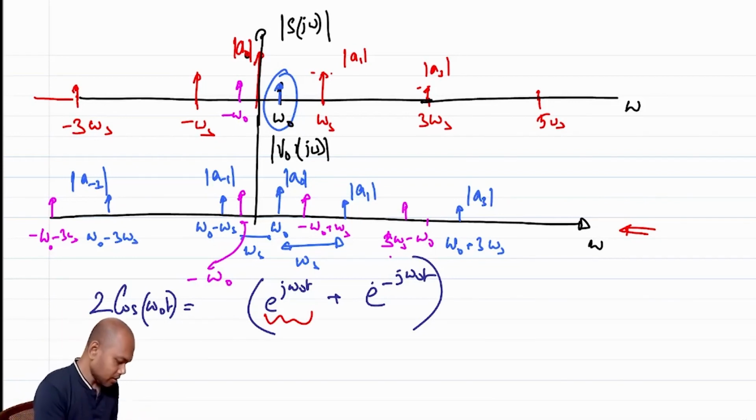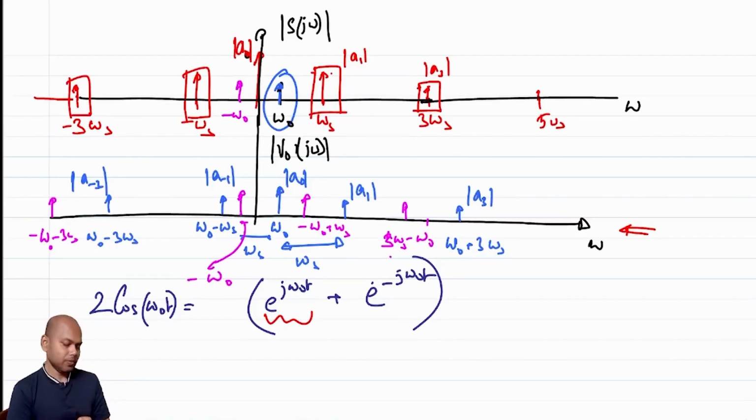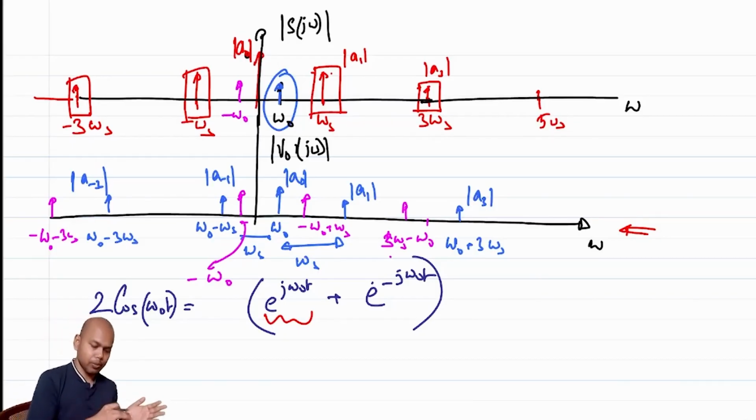So again, just to quickly recap, your tones of s of t were centered around omega s, 3 omega s, negative omega s, negative 3 omega s. So after getting multiplied, the tone shifted to omega s plus omega naught and omega s minus omega naught.